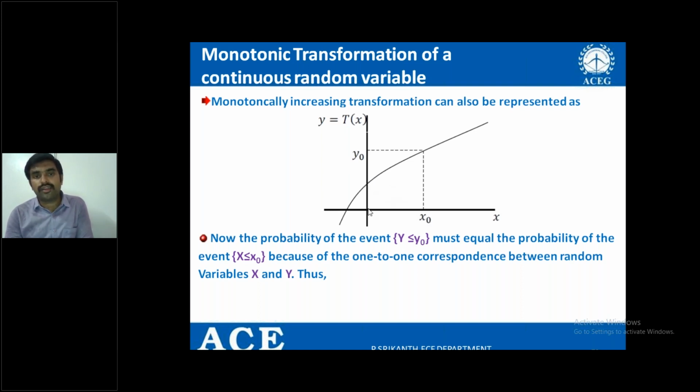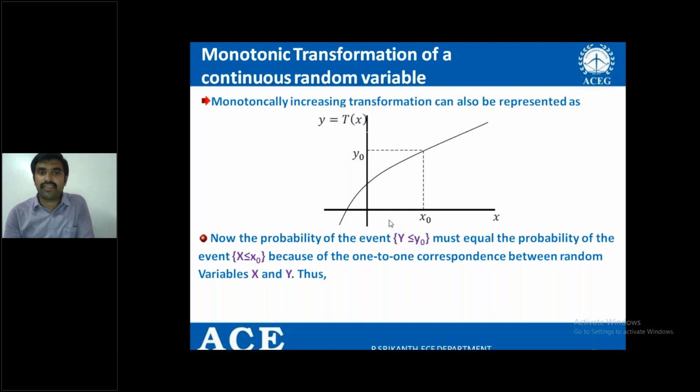So what I'm doing here is transforming, in the sense that whatever probability I have, that is, the probability of x less than or equal to x naught, is transformed to the probability of y less than or equal to y naught, right? That is called one-to-one correspondence.